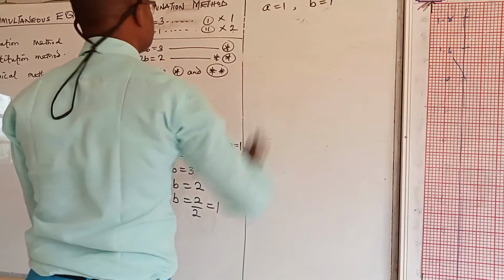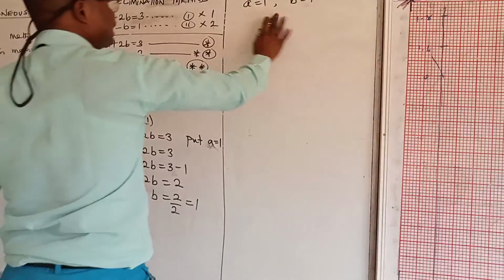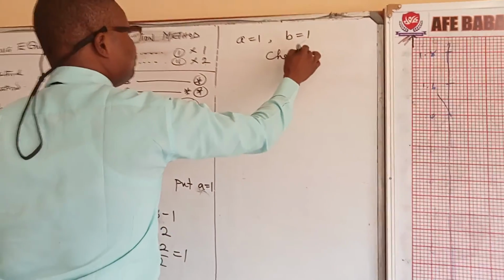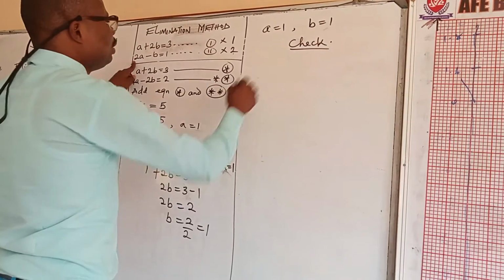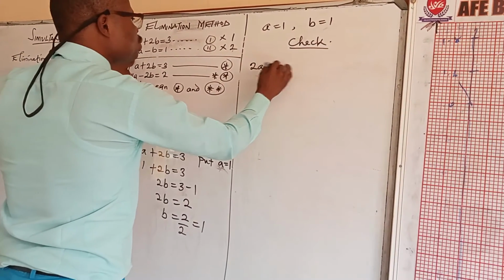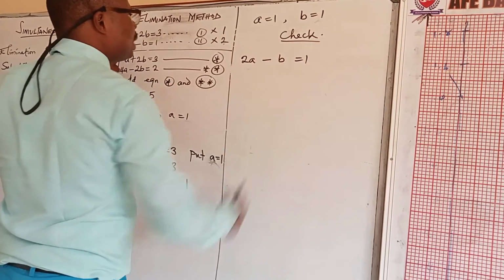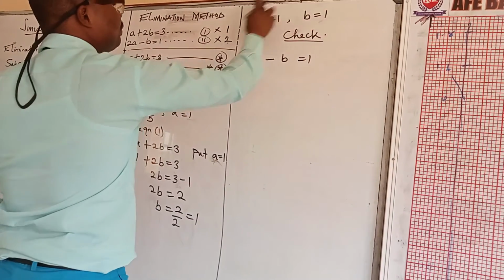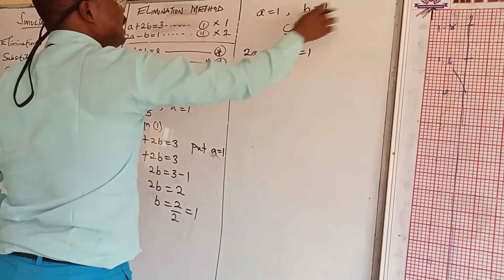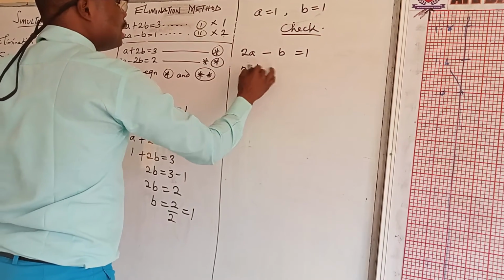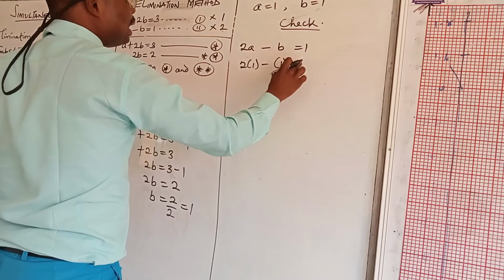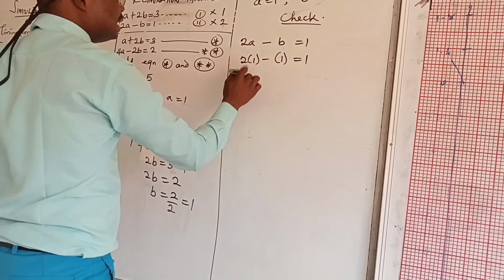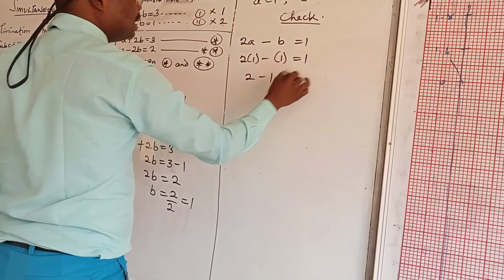Now, how do we check if our answers are correct? If you look at equation 2, 2A minus B equals 1, let's substitute for the values of A and B. If A is 1 and B is 1, will it give me 1? Yes, 2 times 1 is 2, minus 1 is equal to 1.